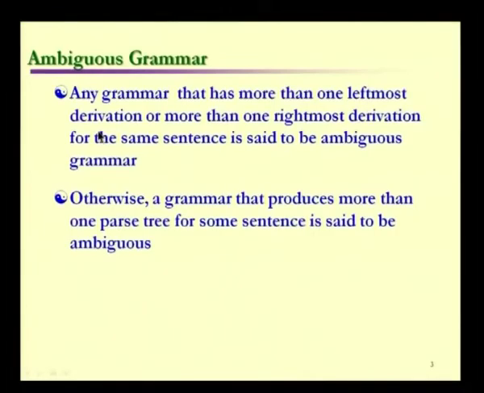So now we should know what an ambiguous grammar is. Any grammar that has more than one leftmost derivation or more than one rightmost derivation for the same sentence is called an ambiguous grammar. To show that a grammar is ambiguous, it is enough to find just one sentence which has more than one leftmost derivation or more than one rightmost derivation.